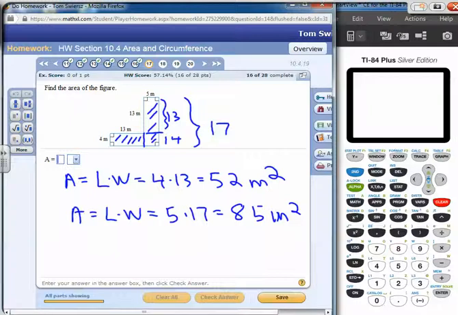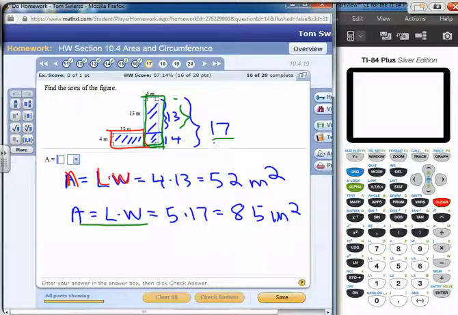So again, the first rectangle was length times width, the red one, 4 by 13. And then the second one was this one all the way from there to there, right? The green one: the width is 5, and the length is the 13, and then the extra 4 here to count this square part of it.